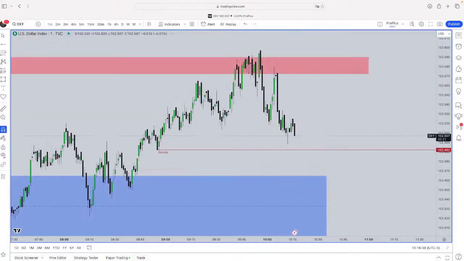Let's have a look at dollar. Dollar still has to take that sell side here. I had that inefficiency here.